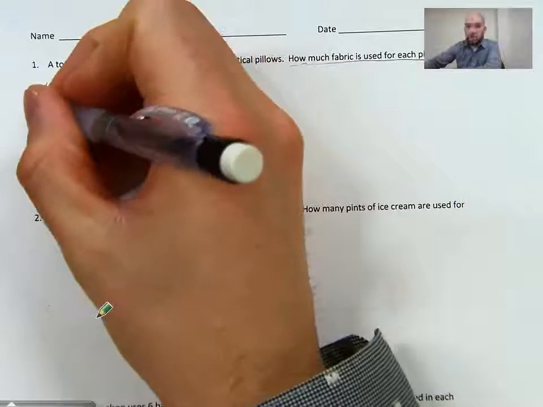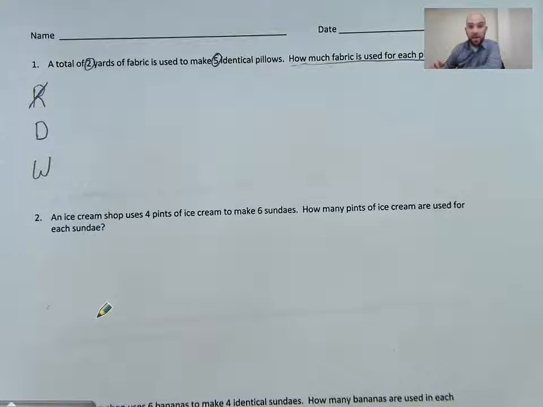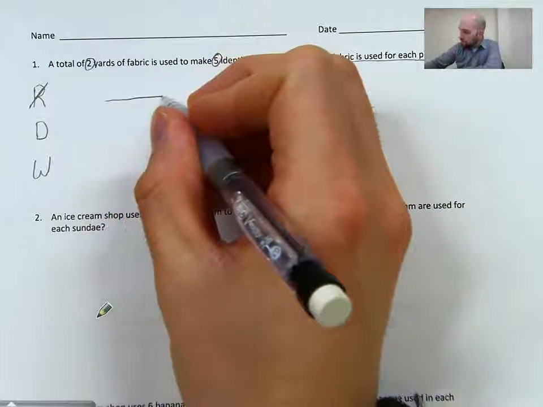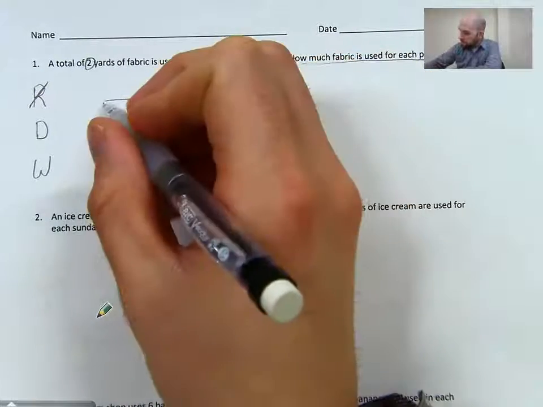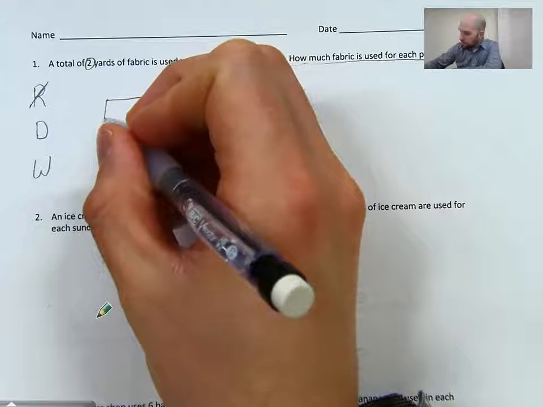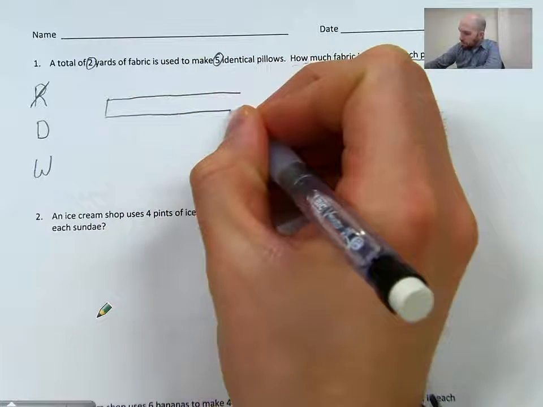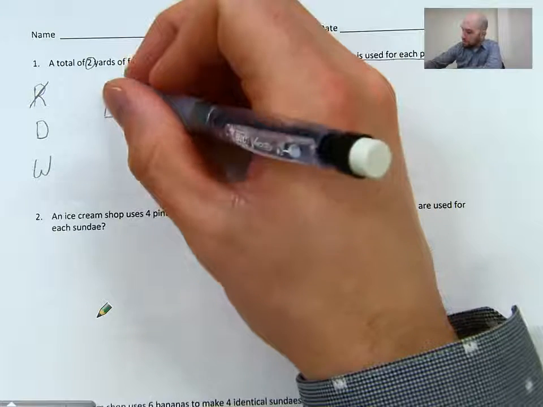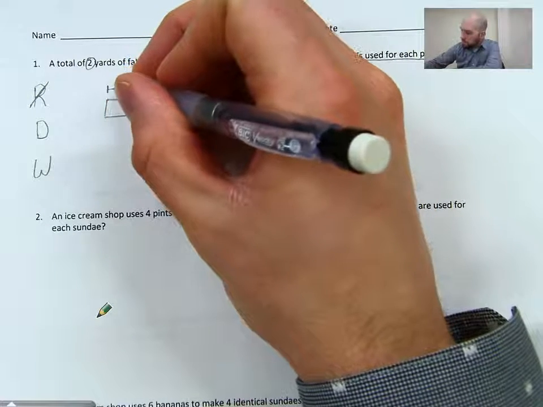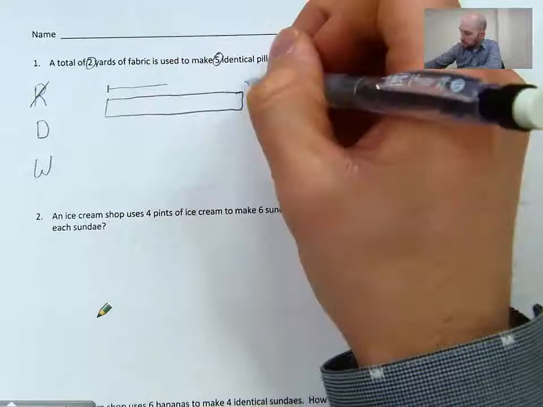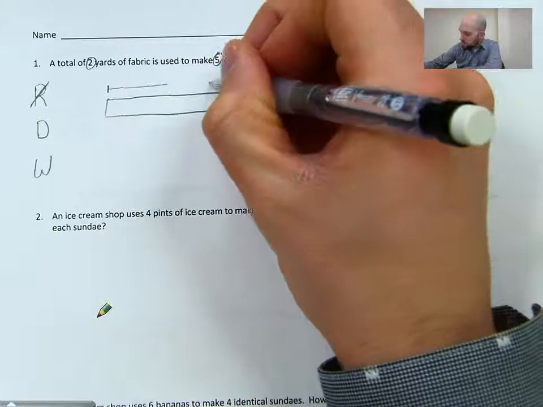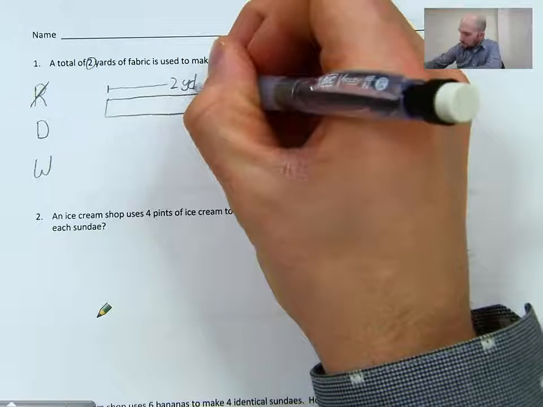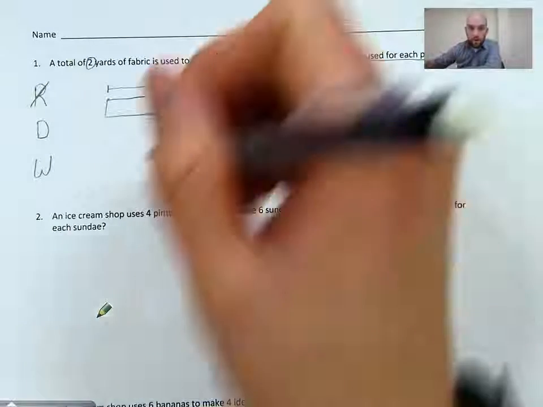Now that I've read, I'm going to start by drawing a tape diagram. And I know that this whole tape diagram is going to be 2 yards of fabric. I'm going to abbreviate yards YD.